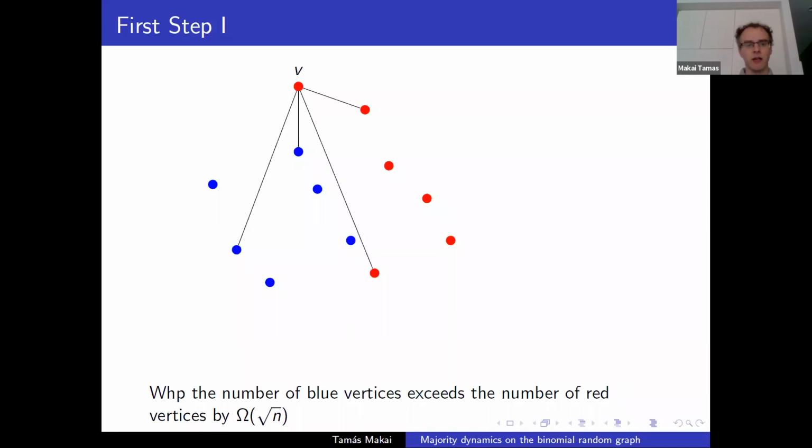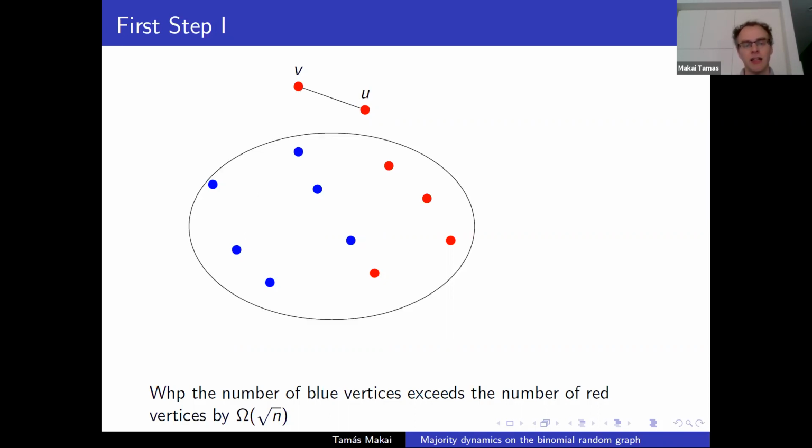So we look at the neighbors of V, expose these edges, but only these edges so far. Then we pick our favorite neighbor of V, let's say U. From this point on, we'll only be interested in edges adjacent to U, so we can forget about the other edges adjacent to V.